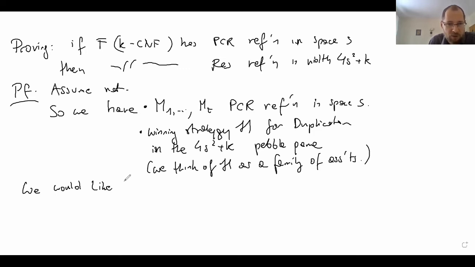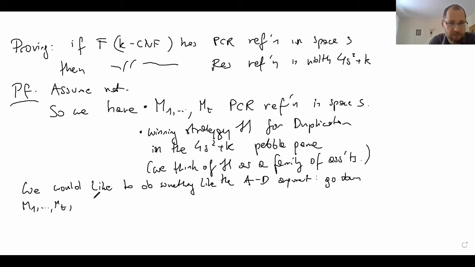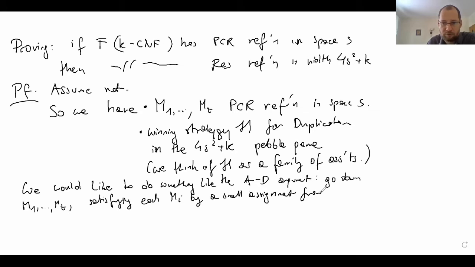We would like to do something like the Atserias-Dalmau argument: go down the refutation M1 to MT, satisfying each Mi by a small assignment from H.